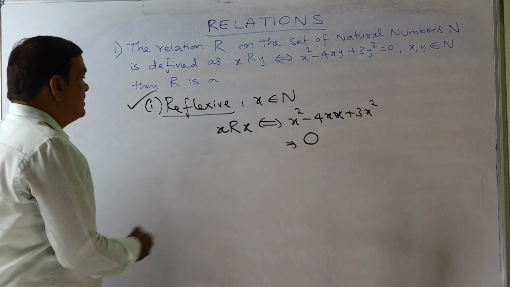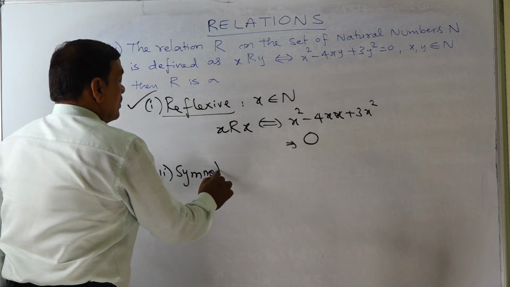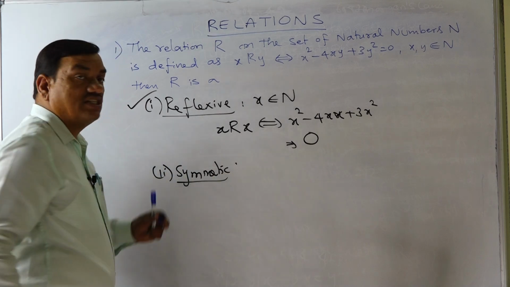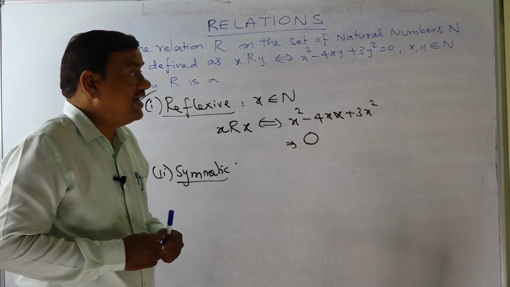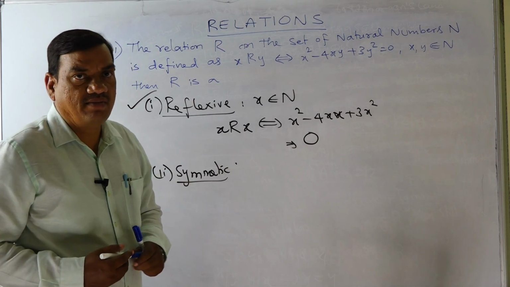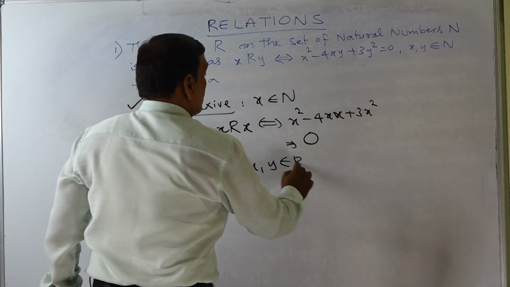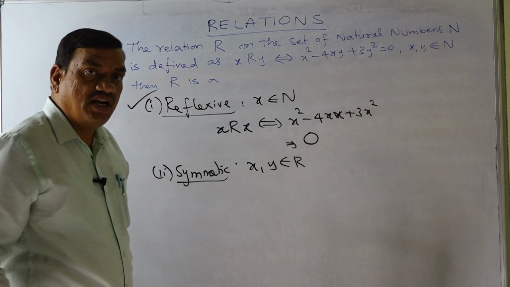Let us check the second one, symmetric. To check whether the relation is symmetric, you have to take any two natural numbers, let us take x and y belongs to N. Now, what is a symmetric relation?